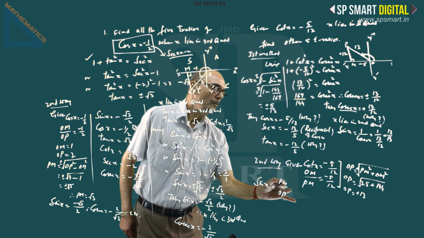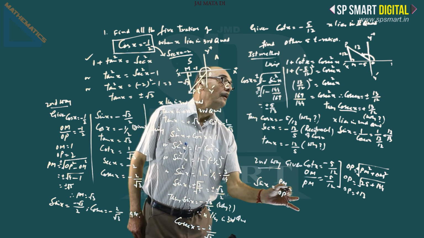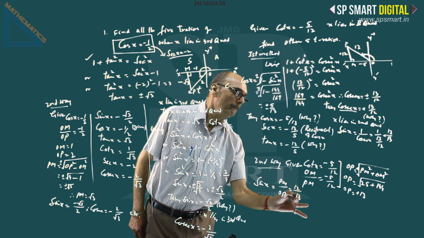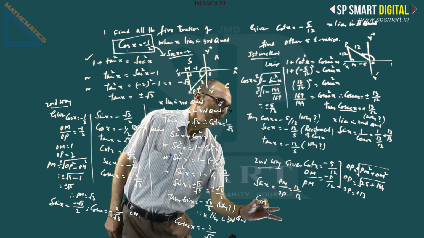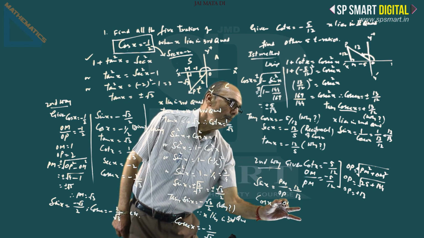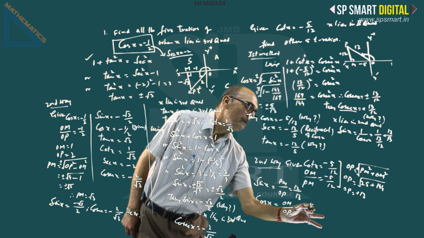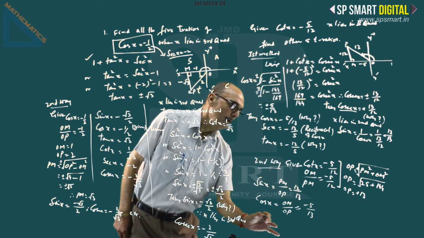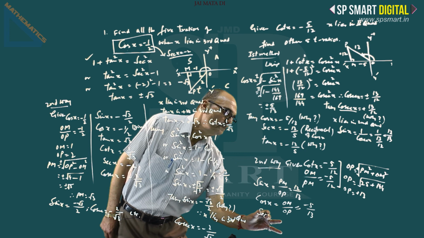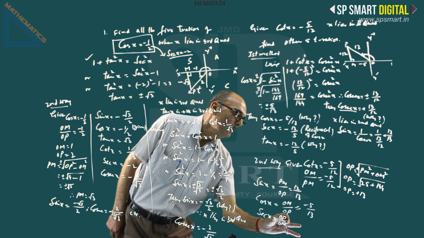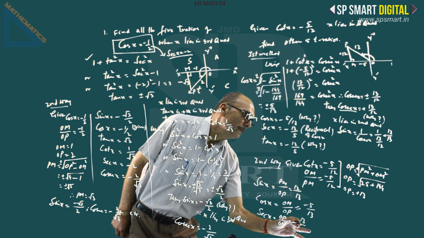So, sin x is equal to 12 by 13. Cos x is OM upon OP. This is minus 5 by 13. Secant x, OP over OM, minus 13 by 5.